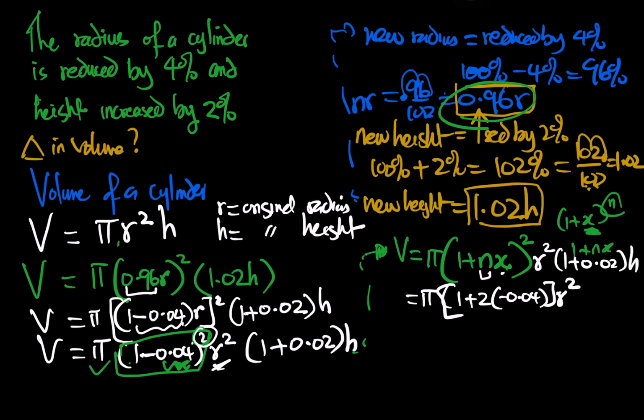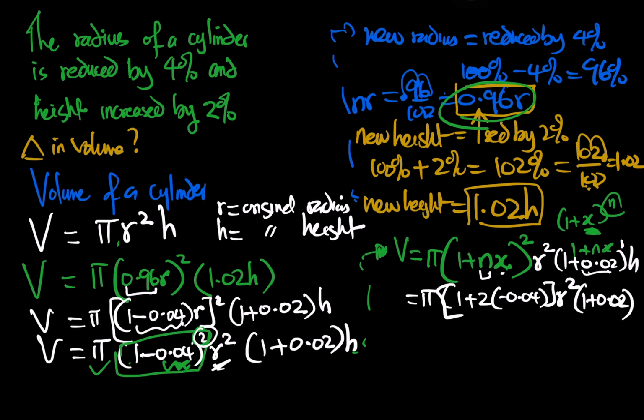Now, this is also too small, so it's also going to be 1 plus nx. So it's going to be 1 plus n, our n is 1, and then the x is 0.02 with an h.